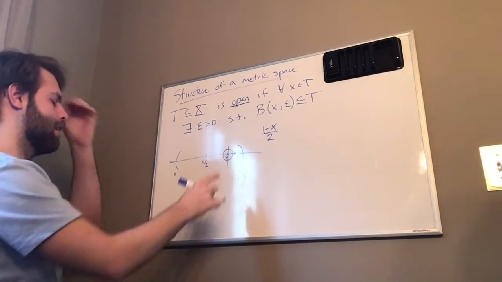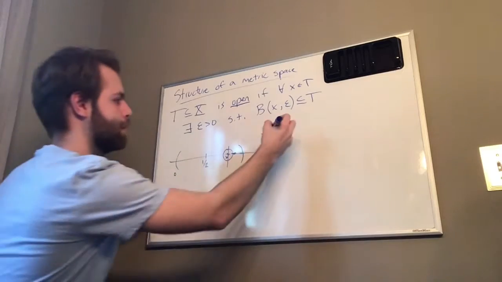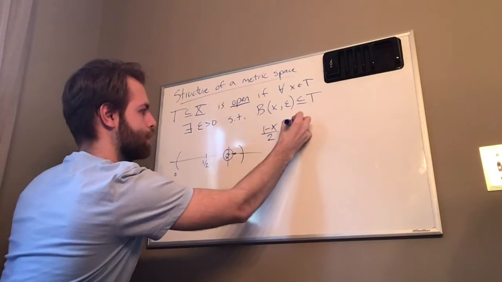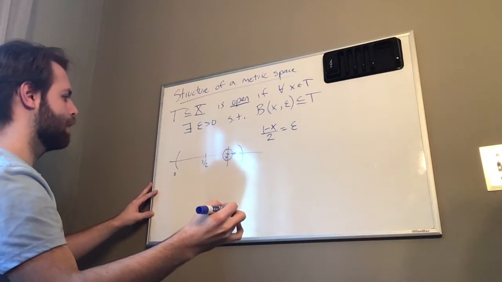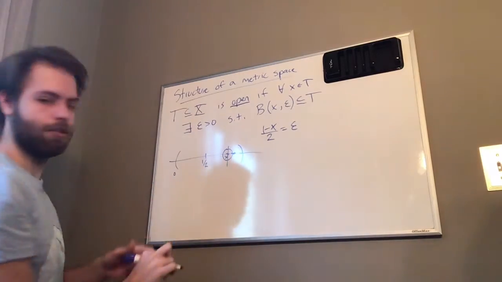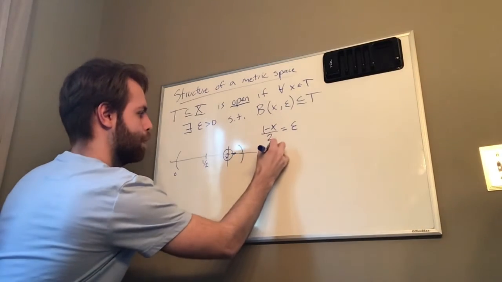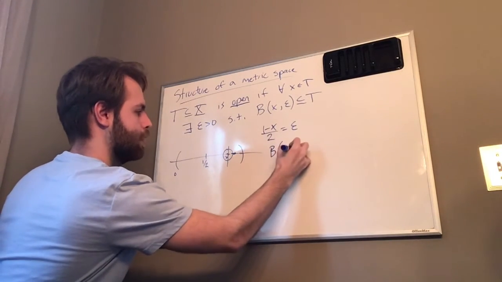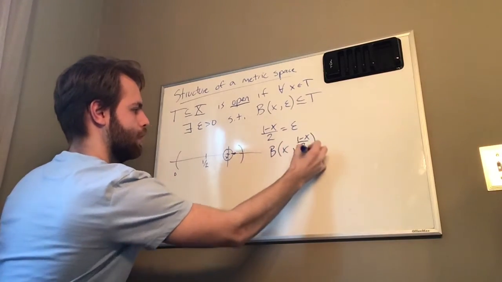Okay. So let epsilon equal 1 minus x over 2. That's good. So my ball for any x in general, I'm running out of space, but that's okay. Ball about x, I'm going to say radius 1 minus x over 2.